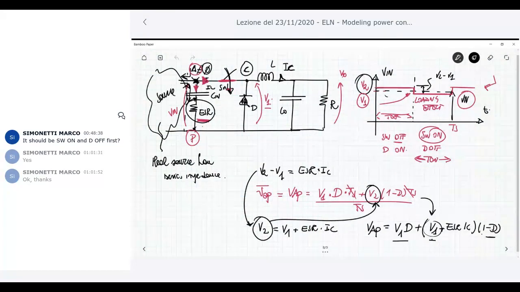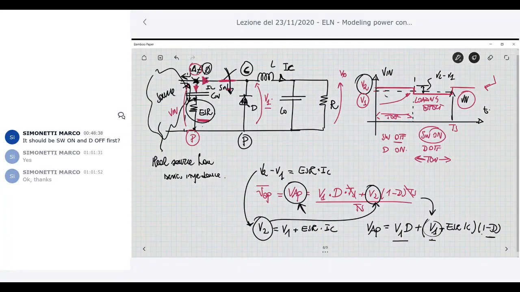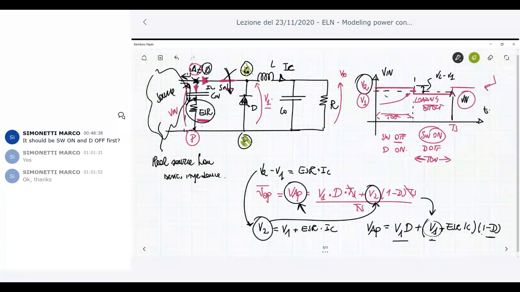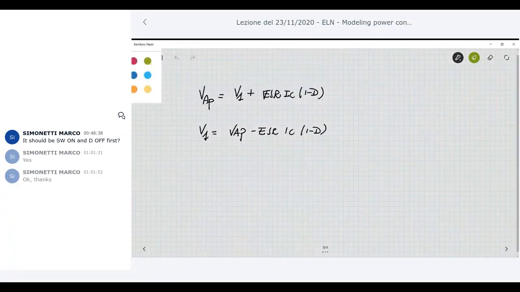Now, this lower value, we get it from VAP. Look at VCP, the voltage at the common passive port.